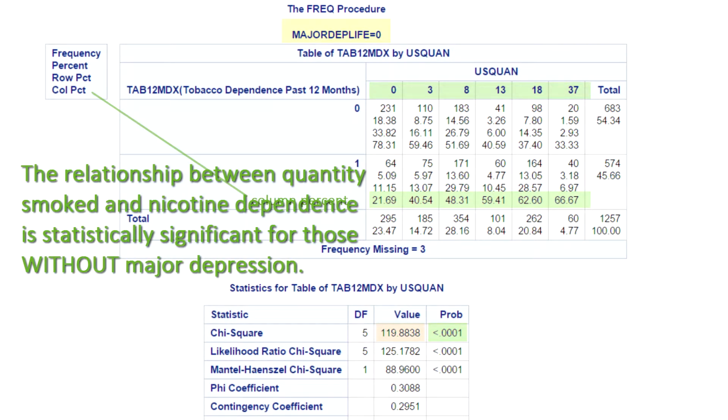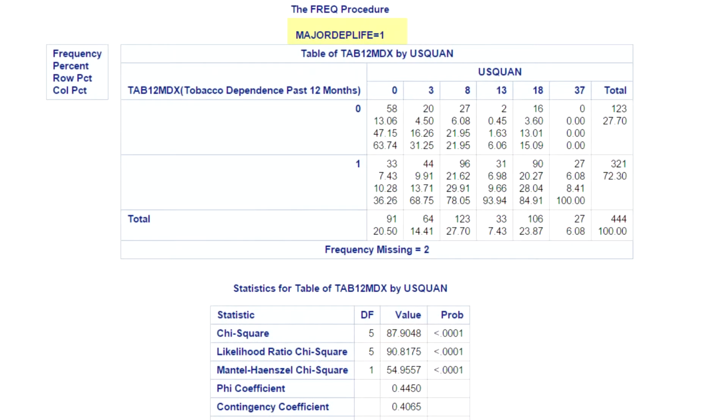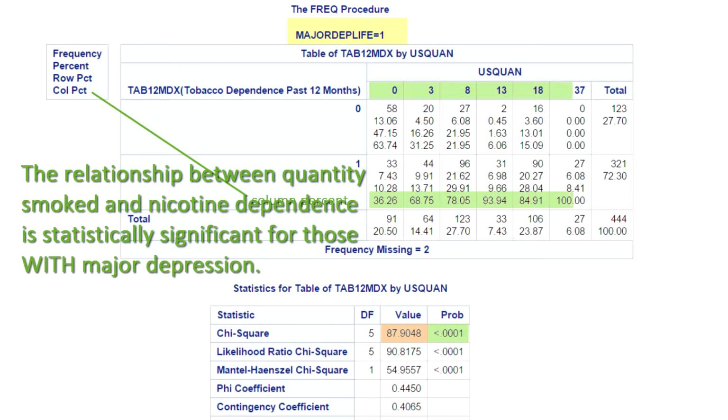So we can say that this is a statistically significant relationship for those without major depression. For those with major depression, we find a large chi-square value and small p-value, which is statistically significant. These column percents also reveal what seems to be a positive linear relationship, with percentages of nicotine dependence increasing between lower levels of smoking and higher levels of smoking.